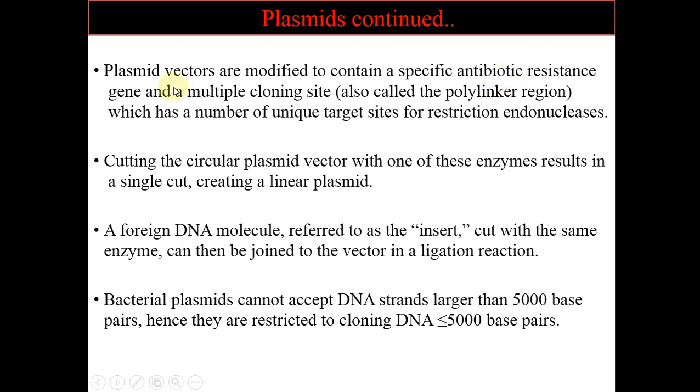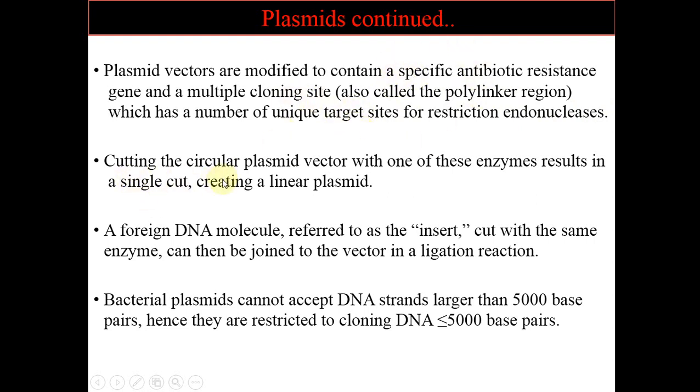Plasmid vectors are modified to contain a specific antibiotic resistance gene and a multiple cloning site, also called the polylinker region, which has a number of unique target sites for restriction endonucleases. For many enzymes, only one site is present on this vector.